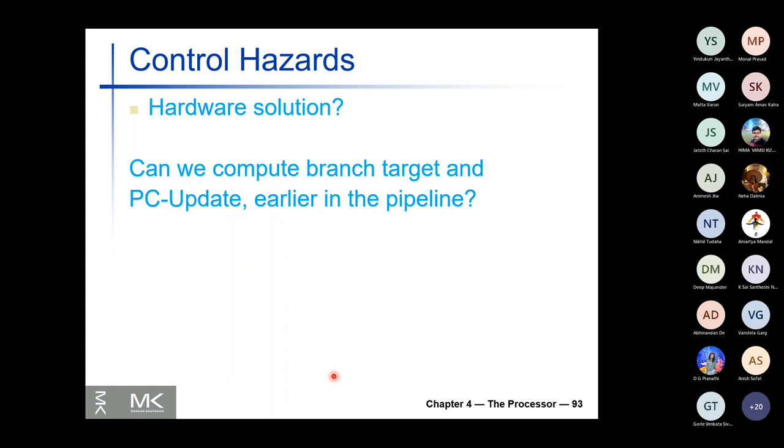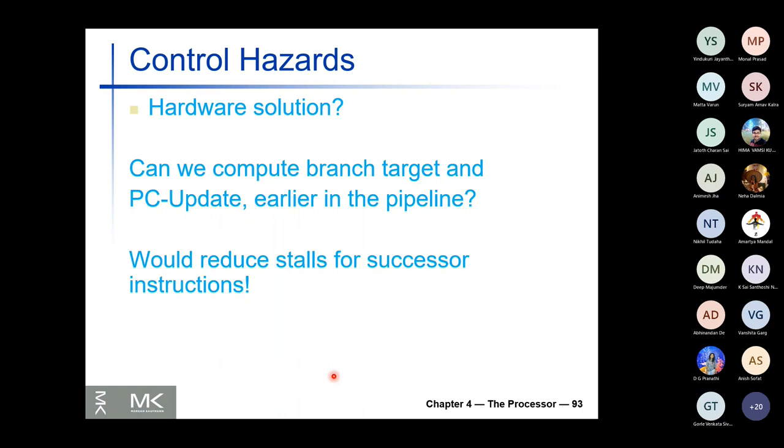So the idea is, in order to reduce the stall for the successor instruction, the branch decision should be made earlier in the pipeline. So we add some extra hardware so that this decision can be made earlier. If we can do so, it would reduce stalls for the successor instruction because we don't have to wait until the memory stage as before. You got the idea?